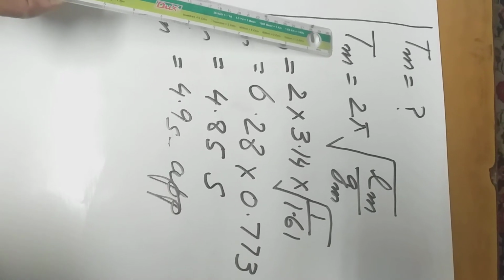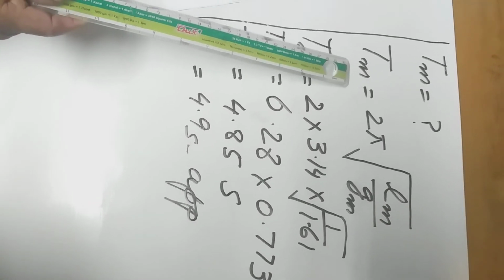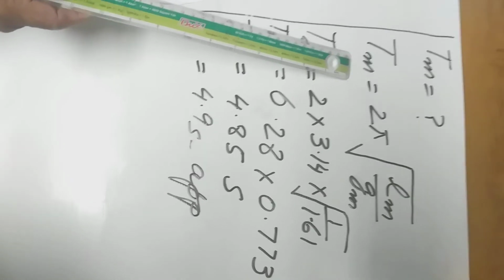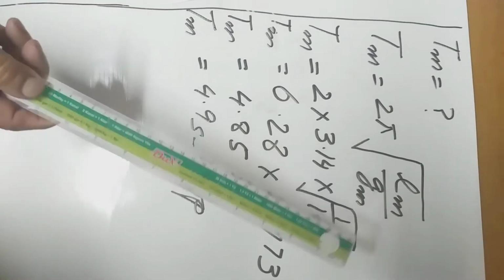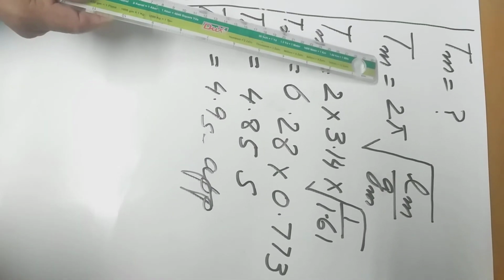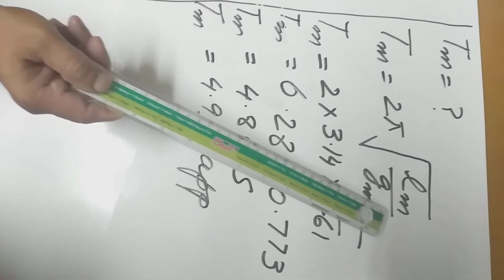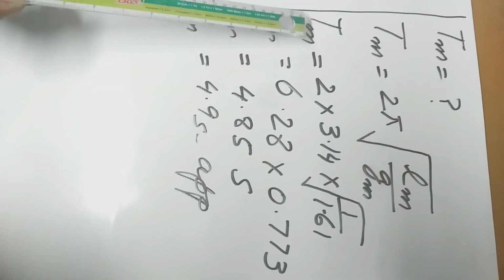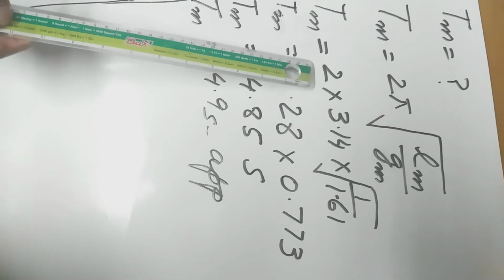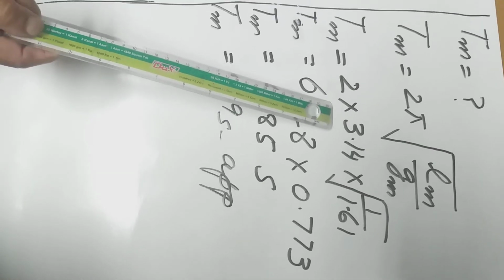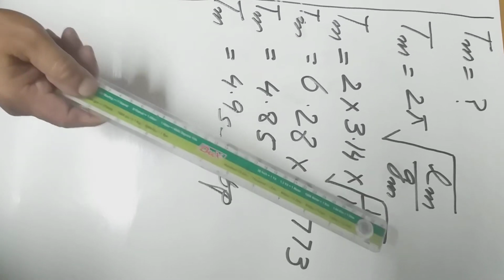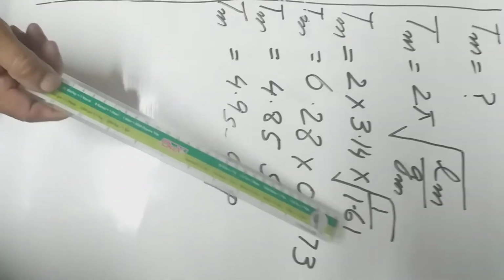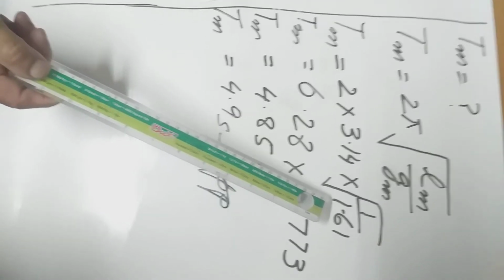Now the second part of this question, T_M means time period of simple pendulum on moon. Again the same formula, the only difference is this M. M stands for the moon. Now we place the values: 2 into the value of pi, 1 over 1.6, acceleration due to gravity on moon.